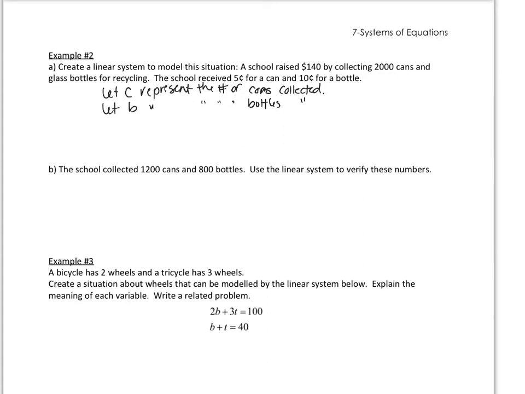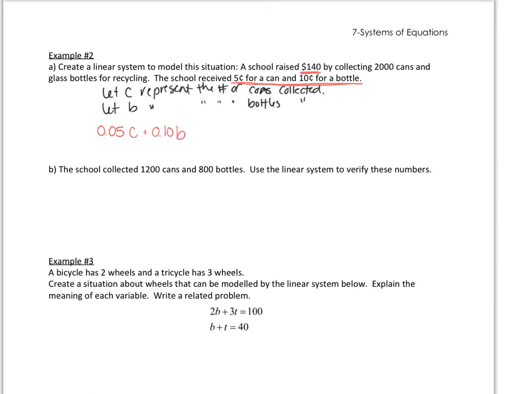So information that we could use for each equation. They totaled $140, and we know that we get 5 cents for a can and 10 cents for a bottle. So the information is a little scattered. So we're looking for monetary values for our first equation. So we get 0.05 of a dollar for each can and 0.10 of a dollar for a bottle.